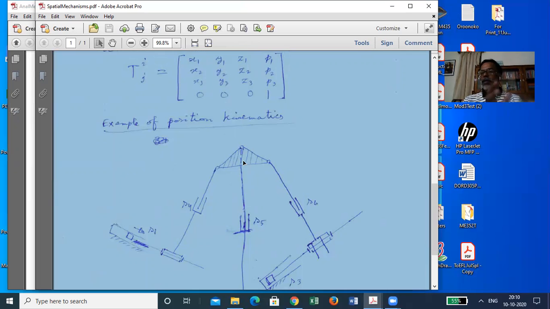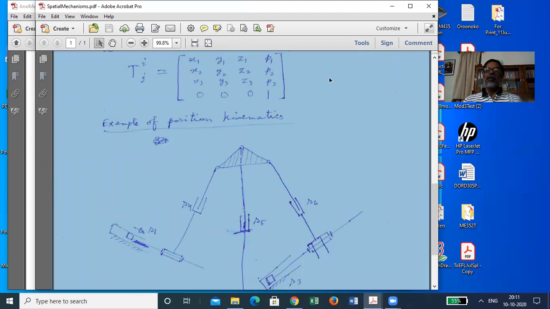Alpha about x-axis and then beta about y-axis and then gamma about z-axis, or some such consistent notation, so that in terms of that alpha, beta, gamma, we get the orientation of the platform in this manner.